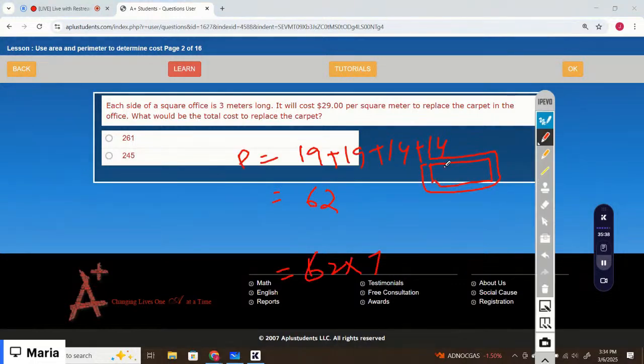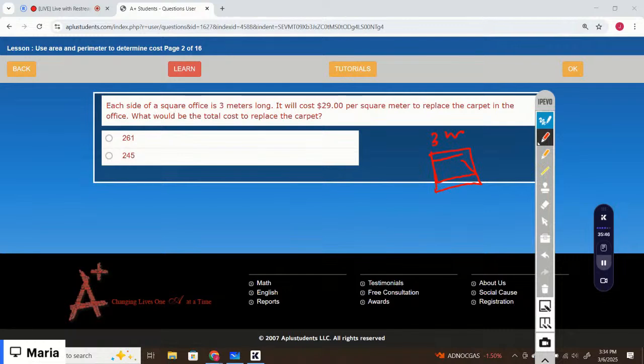For example, that is the office, 3 meters, and you have to place the carpet inside the room. So you have to calculate the area and then multiply it by the cost. The area is 3 times 3, that is 9. So that would be 9 times 29, that is 261.